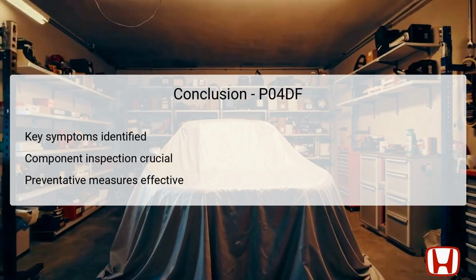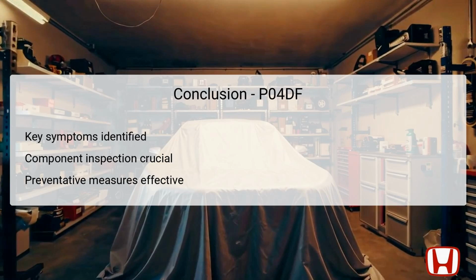In conclusion, DTC P04DF signals a high purge flow issue in the EVAP system of the Honda Accord. It is paramount to understand the symptoms, such as the check engine light illumination and decreased fuel efficiency. Effective diagnosis requires investigating specific components like the EVAP canister purge valve and non-return valve.